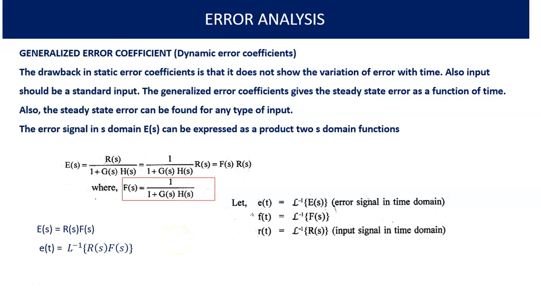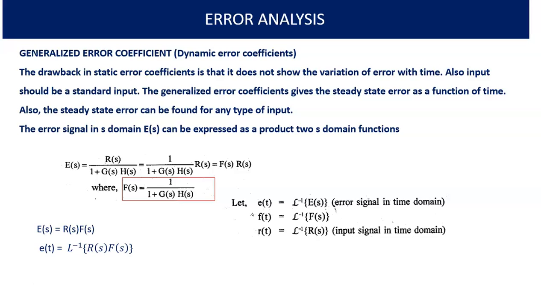Hi all, now we can study generalized error coefficient. It is also known as dynamic error coefficient. In the previous class, we studied static error coefficient. In that case, the input must be step, ramp or parabolic.